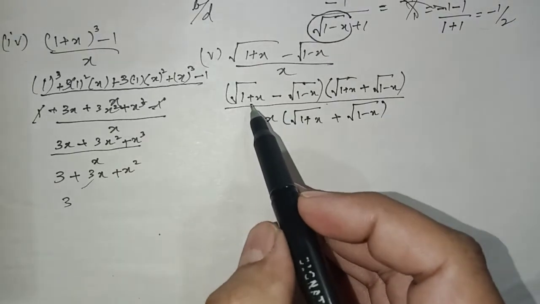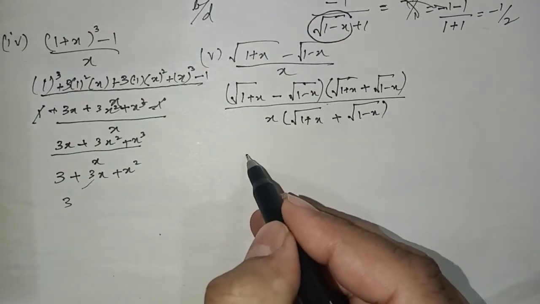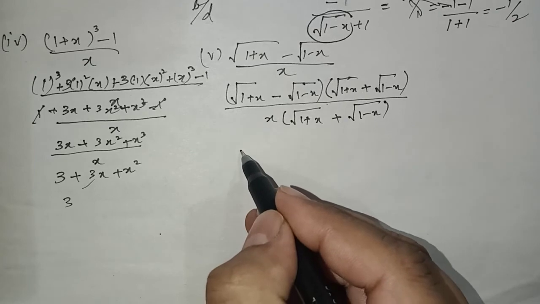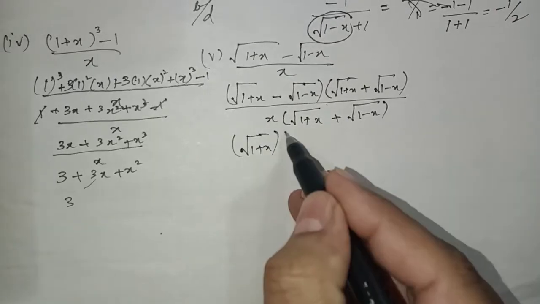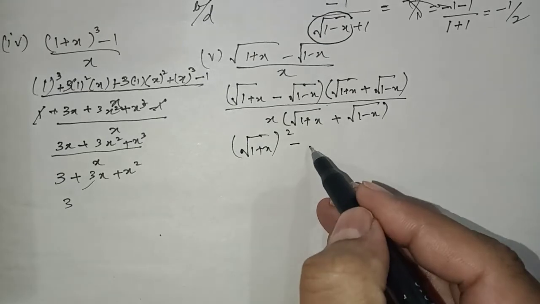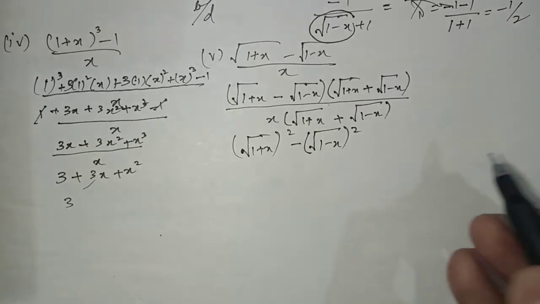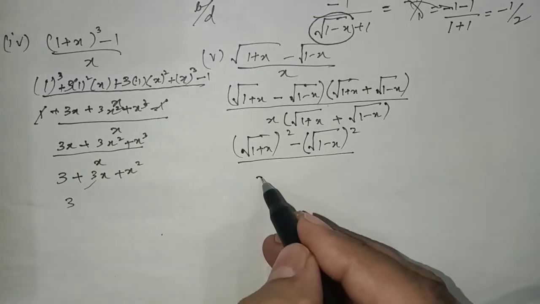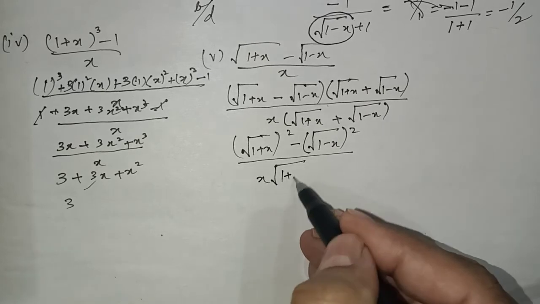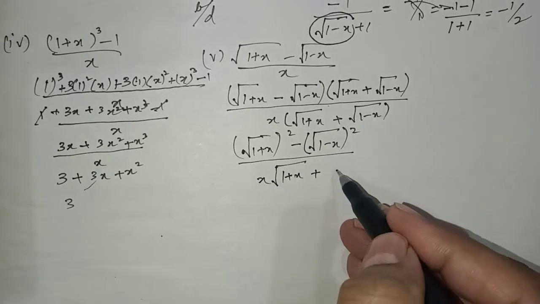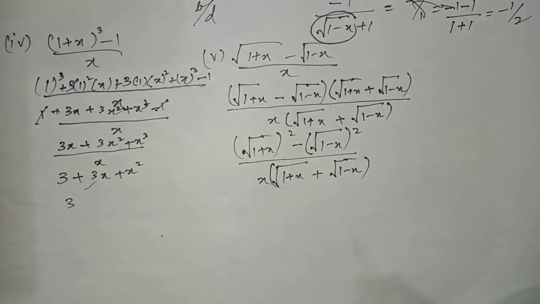Now we know that a minus b into a plus b gives us a square minus b square. So our a is root 1 plus x, and b is root 1 minus x, so it will become a square minus b square upon x into root 1 plus x plus root 1 minus x, right?